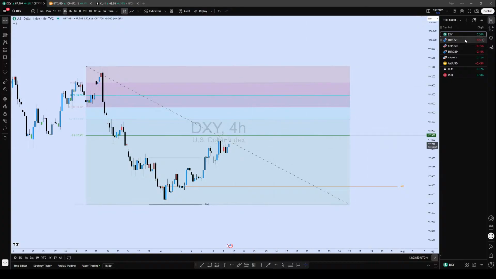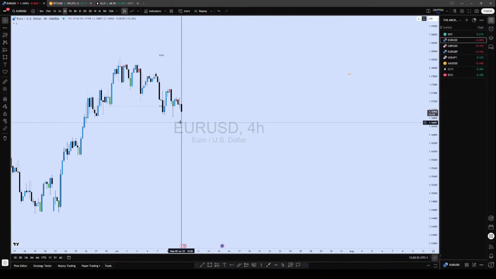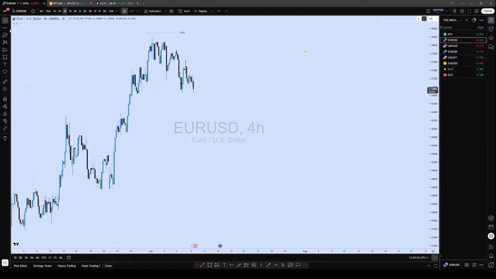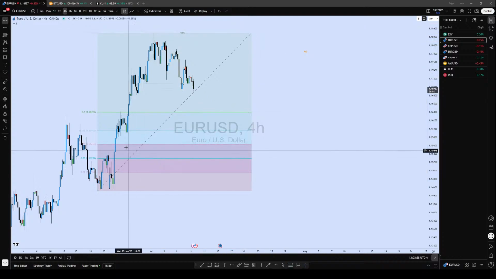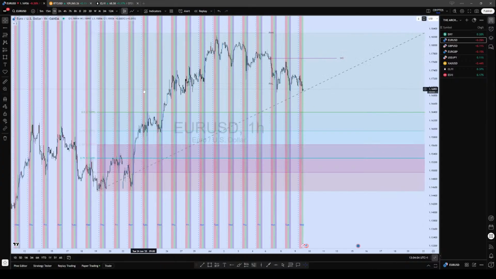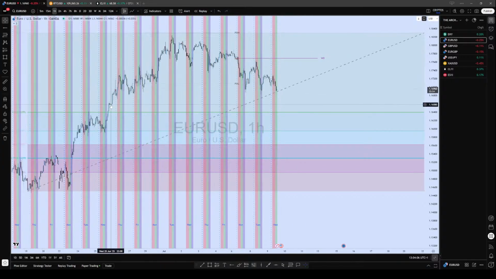And with that, euro will also continue going lower. So we have this low to this high, and 50%, that is a potential target. Also, you can aim for fair value gaps that have not been filled. I think so far the only gap that we have is somewhere down here.